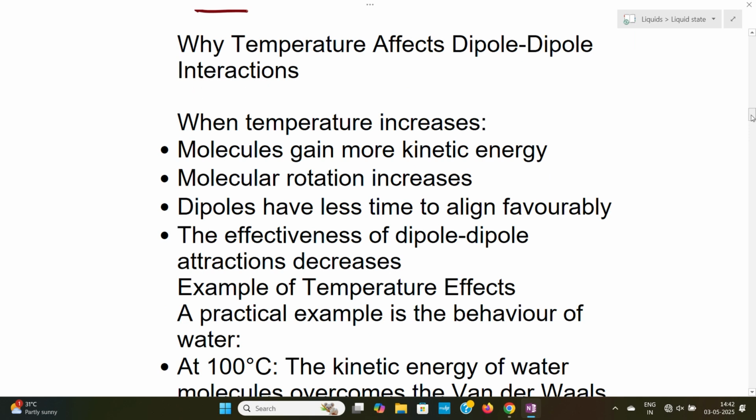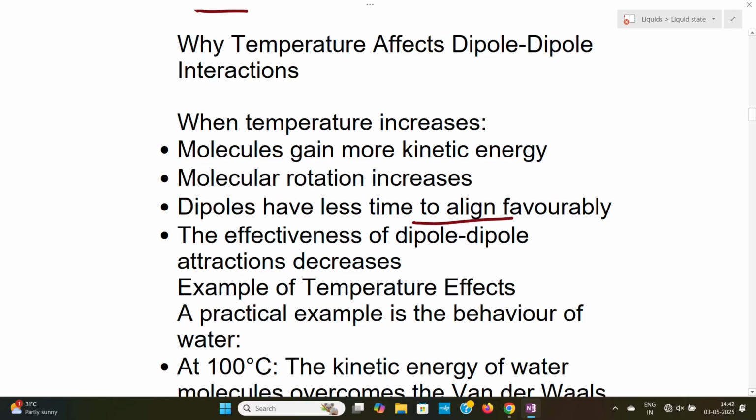When temperature increases, the molecules gain kinetic energy. Therefore, the molecular rotation increases. Since the molecular rotations are increasing, the dipoles have less time to align favorably. Therefore, the effectiveness of dipole-dipole attractions decreases when the temperature increases.